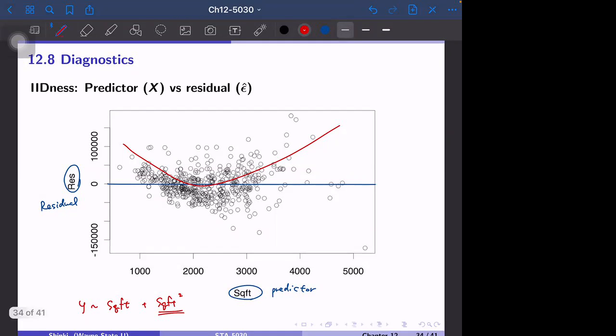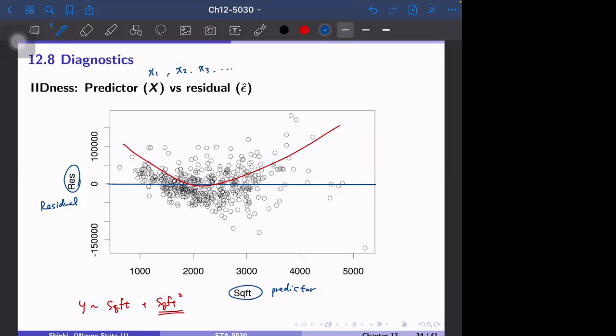Residual versus predictor is one of the most basic analyses that you should do to see if our model specification is correct. If we have multiple predictors, you can check this for x1, x2, x3, and so on.